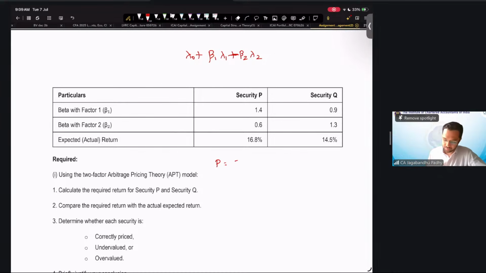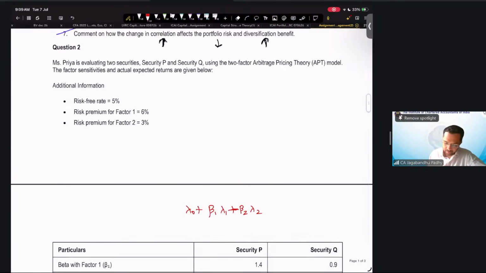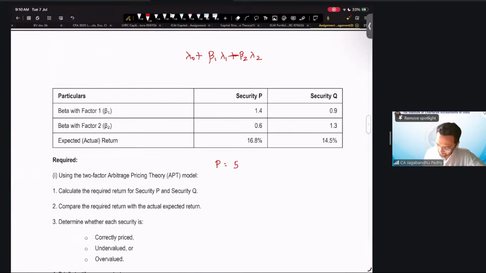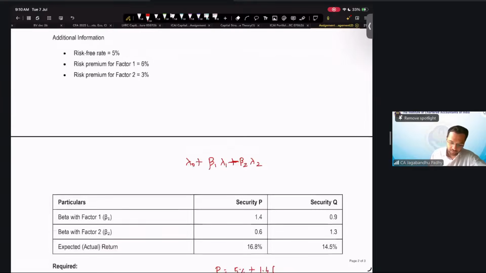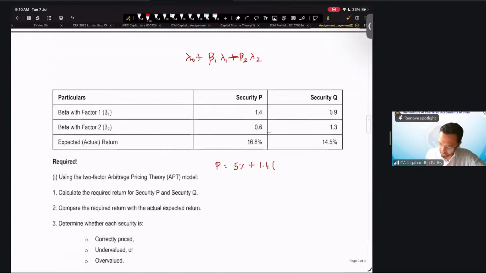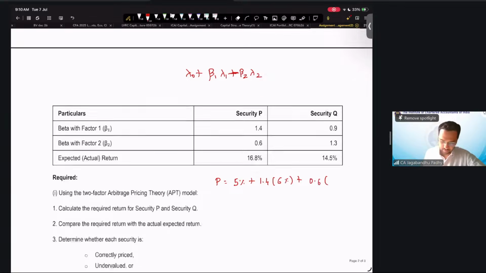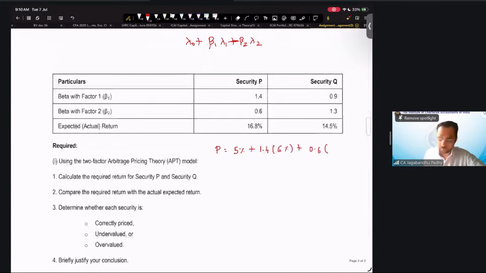For P, it is going to be risk-free rate 5% plus beta 1 is 1.4 into factor 1 premium 6%, plus beta 2 is 0.6 and the factor premium is 3%.